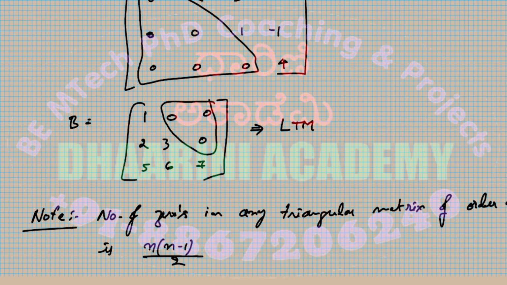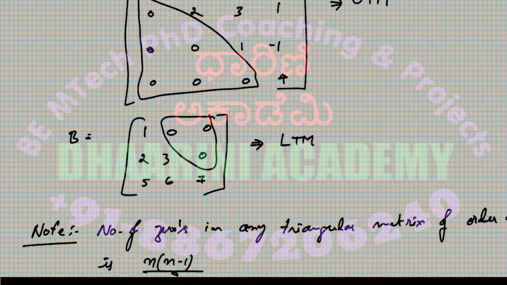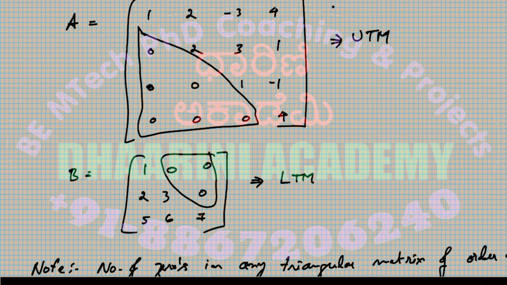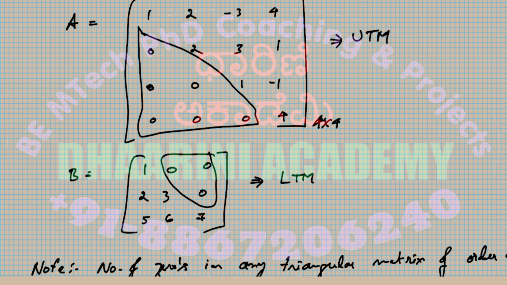Just check. Go for a 4 into 4 matrix. So n is equal to 4. It says n into n minus 1, 4 into 3, that is 12, 12 by 2, which is 6. There should be 6 zeros, and you can see that there are 6 zeros in this.